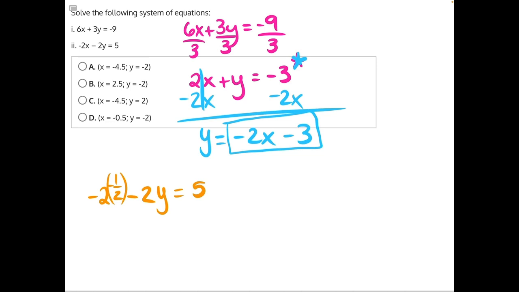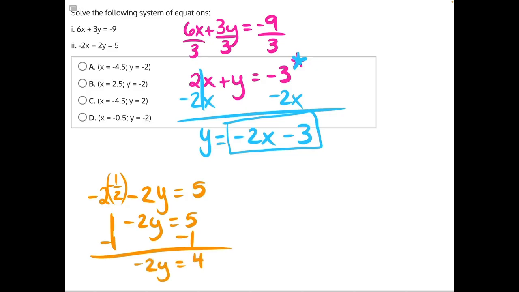So negative 2 times a negative 1/2 would give us a positive 1 minus 2y is equal to 5. Then we'd use opposite operations to subtract that 1 from both sides. These cancel, giving us negative 2y is equal to 4. Then negative 2 is being multiplied to y, so the opposite operation is to divide both sides by negative 2. These will cancel, giving us y is equal to 4 divided by negative 2, which is a negative 2. Thus, still making answer choice D our correct answer.